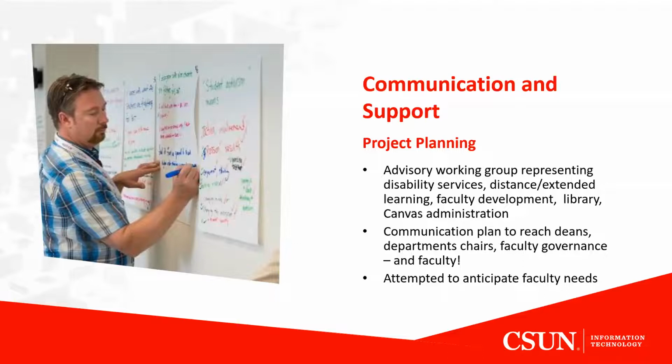So we did have an advisory working group with some of our partners from all over campus. And then we were able to go out and communicate with deans and department chairs, with faculty governance. We also tried to reach faculty directly. And again, the communication and the pilot groups also gave us information so that we could try to anticipate, as we rolled Ally out to more faculty, what their needs would be.